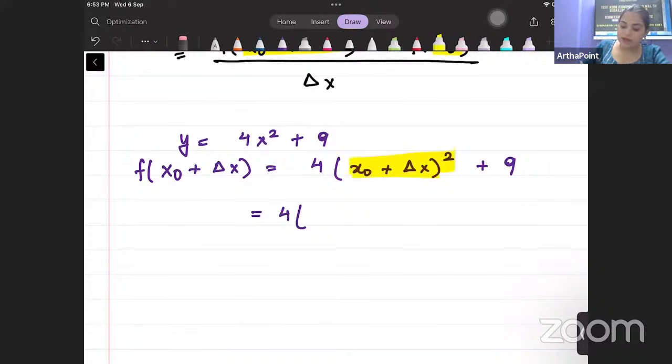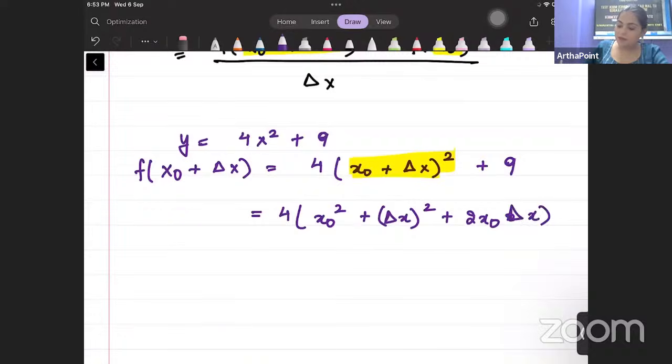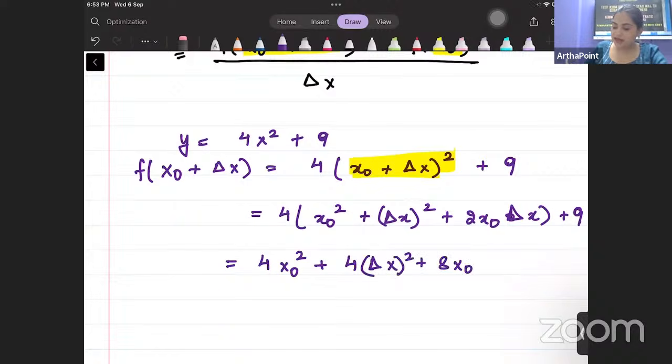What will you get? a square plus b square plus 2ab. So we will have f of x naught plus change in x equal to 4x naught square plus 4 change in x whole square plus 8 x naught change in x plus 9. I hope this is clear.